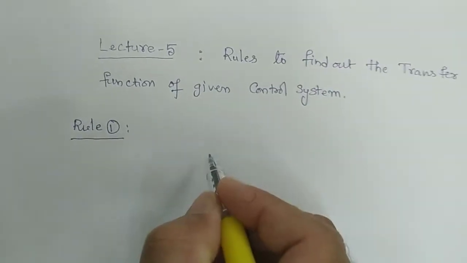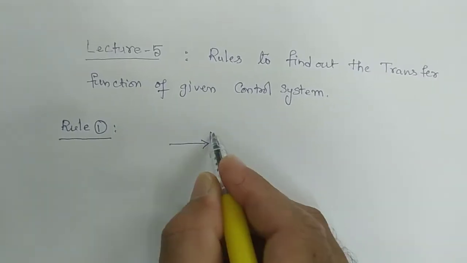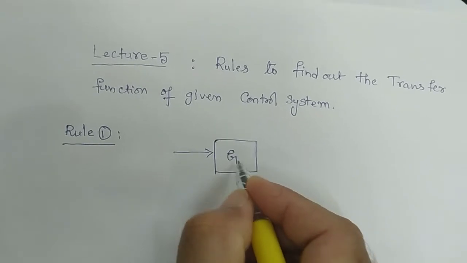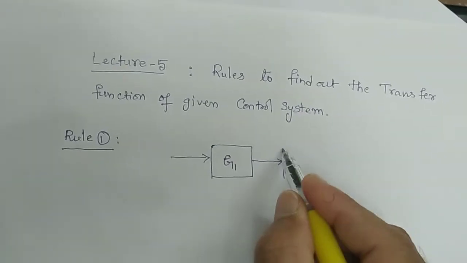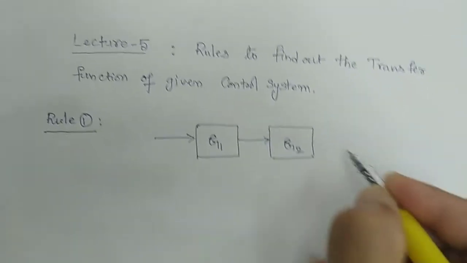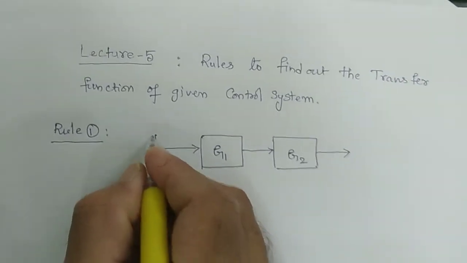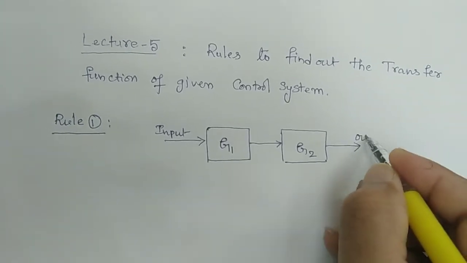Let us say in rule 1, for example, you have one block with gain G1 followed by another block, let us say G2. This is your input, this is your output.